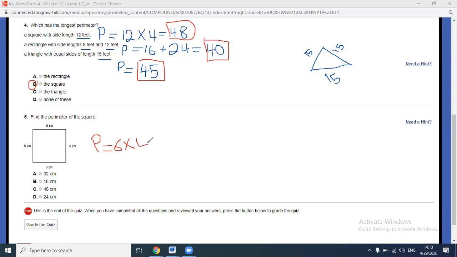No, this is 6, Muhammad, not 8. 6 times by 4 is 24. So the answer is 24, D. So here the answer is B, and here the answer is D. Okay, is it clear?